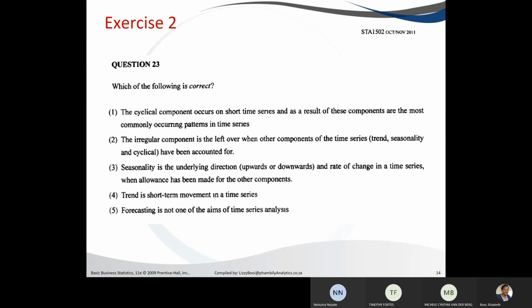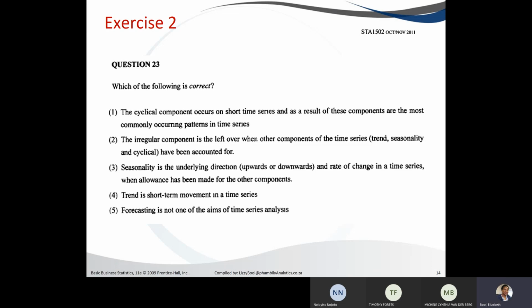Question 2 says, which of the following is incorrect? Number 1: a cyclical component occurs over a short period of time, and these components are the most commonly occurring patterns in time series. Is that true?